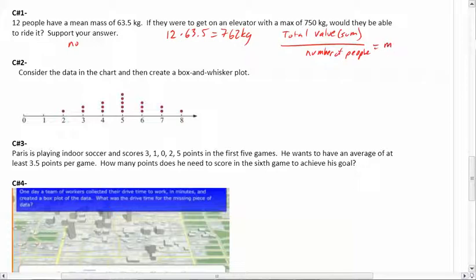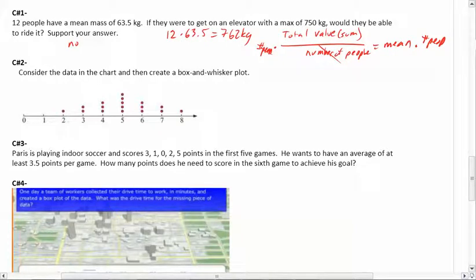And that gives you the mean. So mathematically, if I take the mean and multiply it by the number of people, then that cancels out over here, and I'm left with the total value, the sum of all their weights, which is just the mean times the number of people.